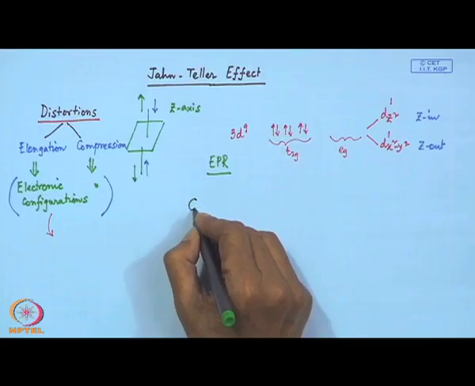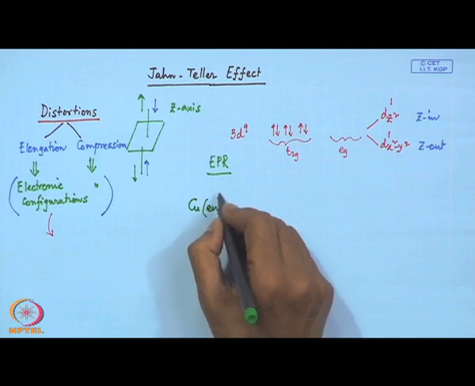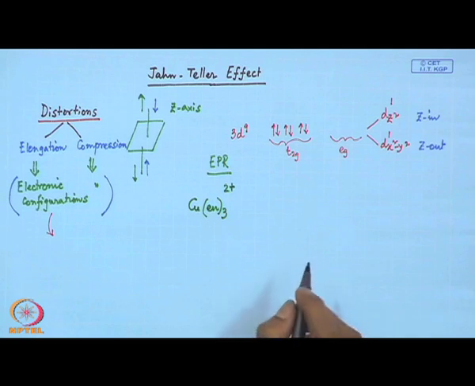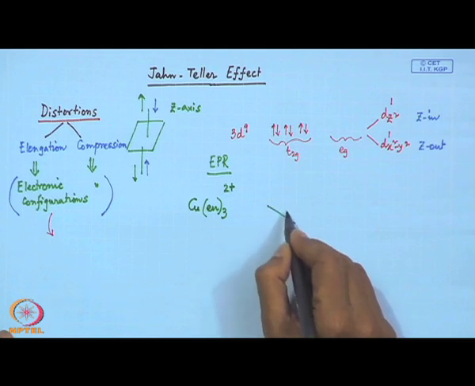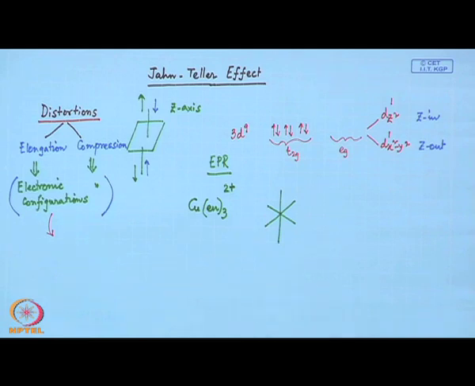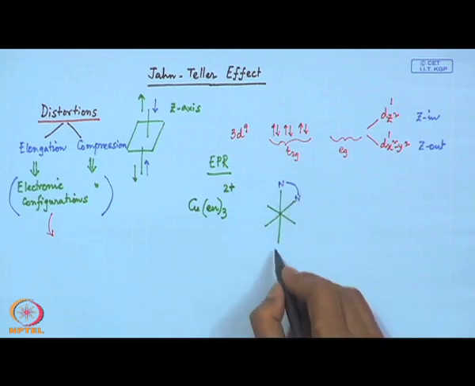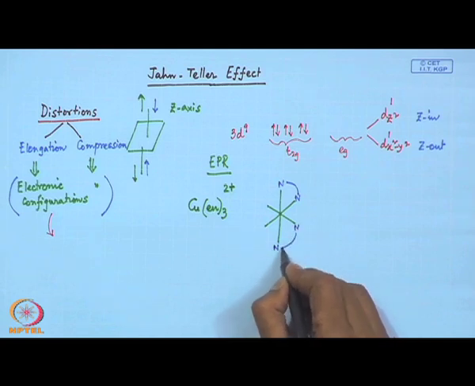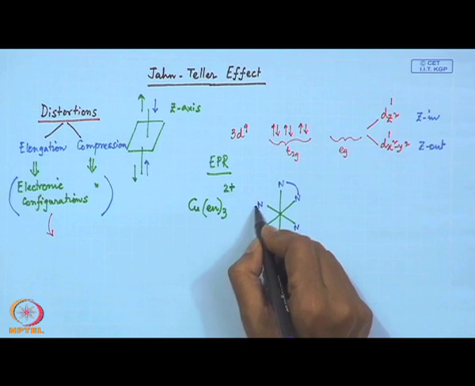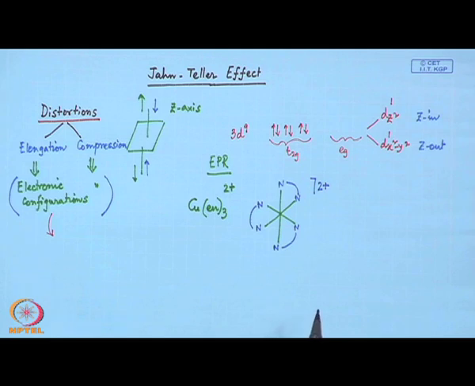So, in octahedral geometry, when we have the tris ethylene diamine copper molecule, that means 6 copper nitrogen bonds can be formed from the binding of one chelate, then the second chelate and the third chelate, which has a 2 positive charge.